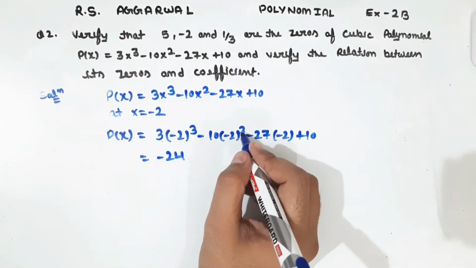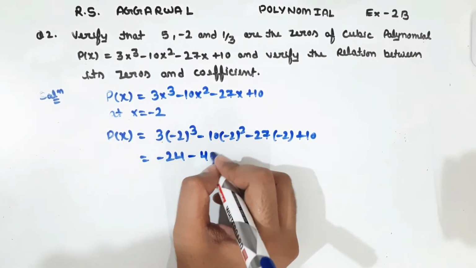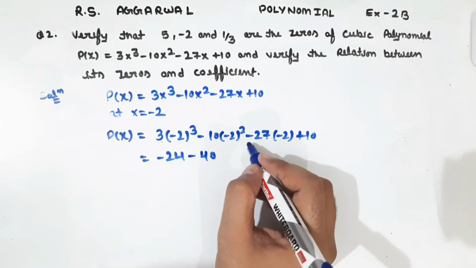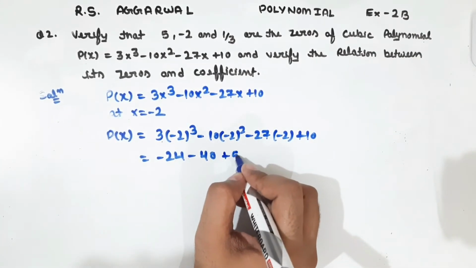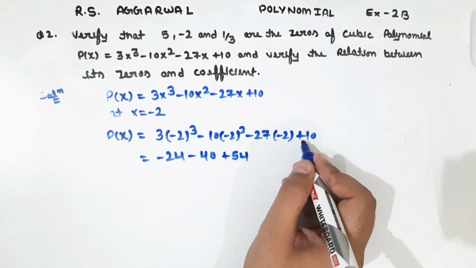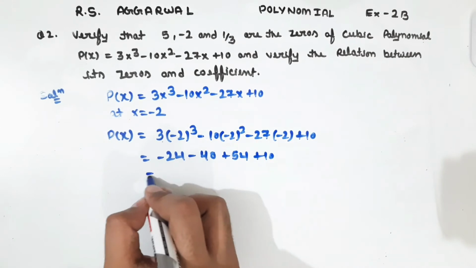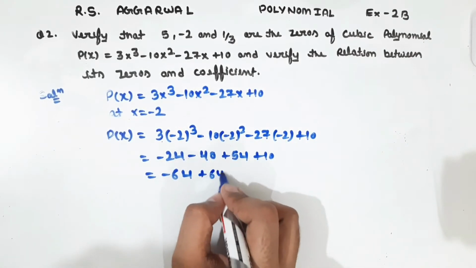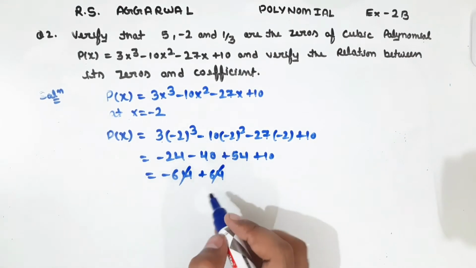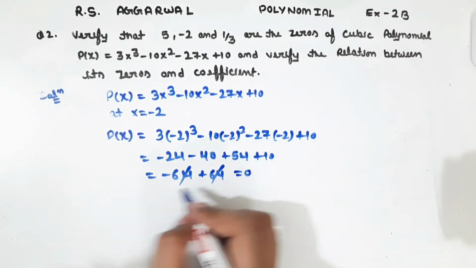And minus 2 square will be 4, and 4 into minus 10 will be minus 40. Now minus 27 into minus 2 will be equal to 54, and plus 10. So minus 24 and minus 40 will be equal to minus 64, and 54 plus 10 will be equal to plus 64. So 64 cancels minus 64. This is equal to 0.